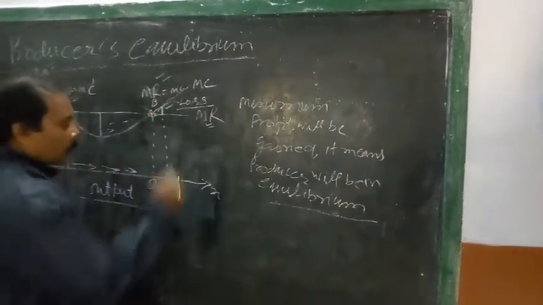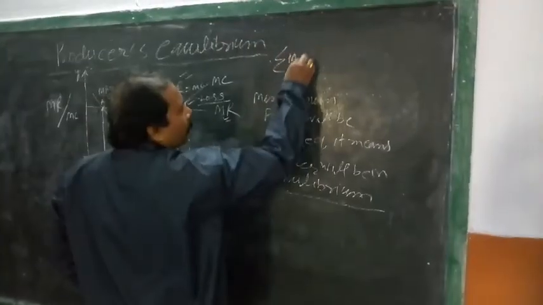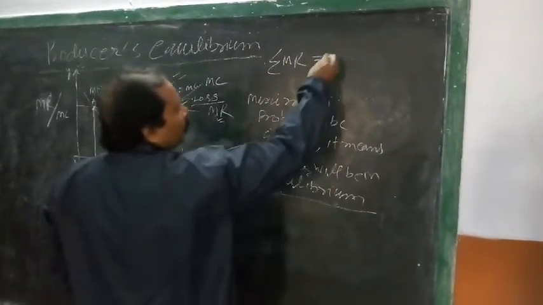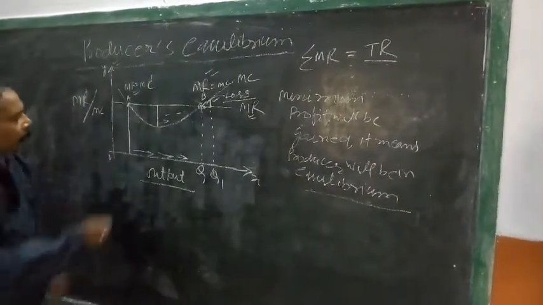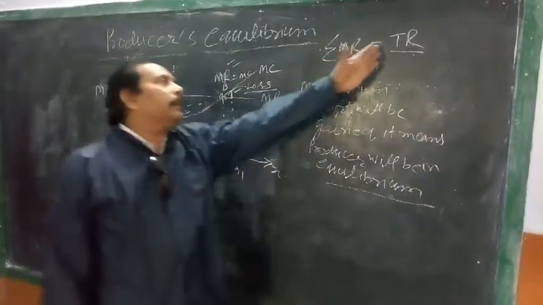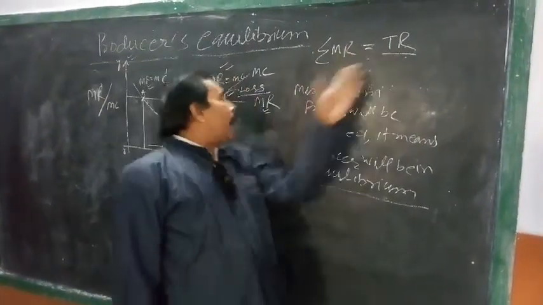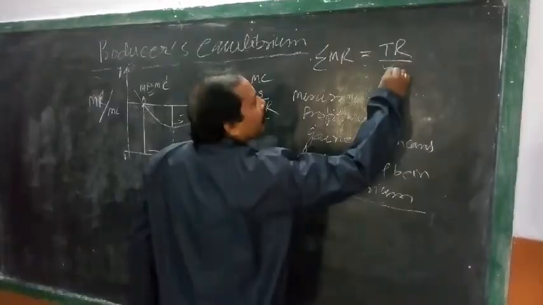Is it clear? As we also know, the sum of MR is equal to TR, total revenue. So here, if we add this much amount of output, our TR declines, and if we reach this point, our TR increases.